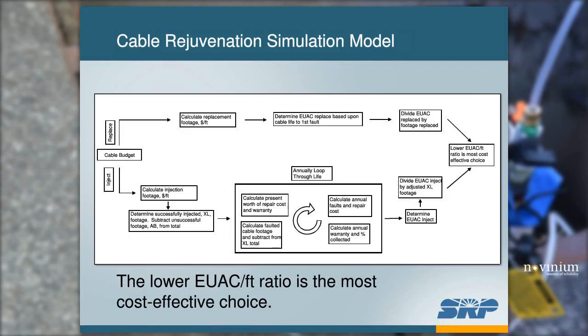For injected cable, a little bit more difficult. What we'll do is we'll take our money and we'll see how much cable we can inject. And then using some of our historic injection information, such as how much successful footage versus unsuccessful, cable that we've had to abandon, etc., we're going to subtract off so much of that initial footage.